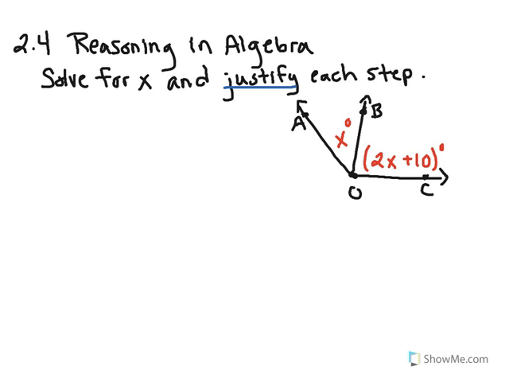So, in other words, I know that the measure of angle AOB plus the measure of angle BOC is going to give me the measure of angle AOC. And take a second to locate all those angles and see if you agree.